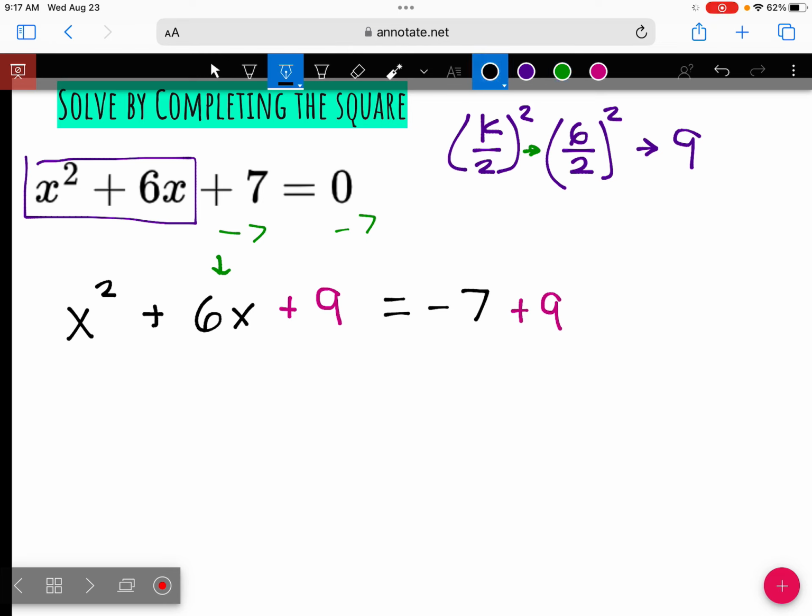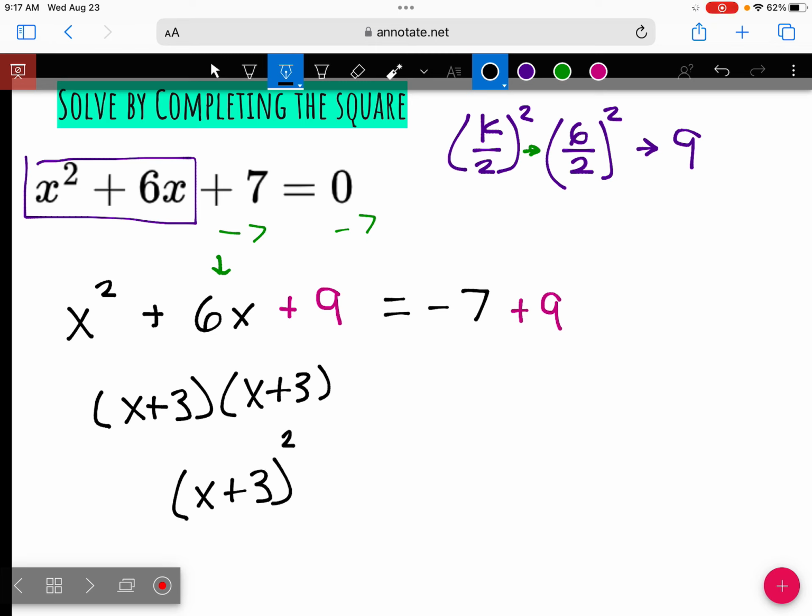The reason we want to do that is because x squared plus 6x plus 9, if we factor that, we get x plus 3, or x plus 3 squared. Right? Equals negative 7 plus 9, 2.